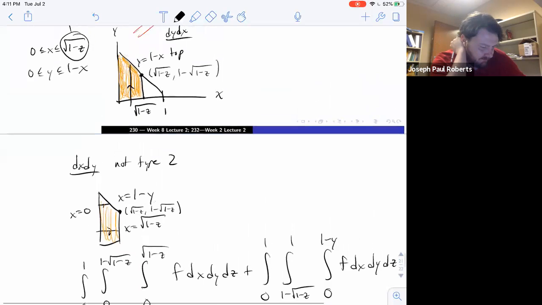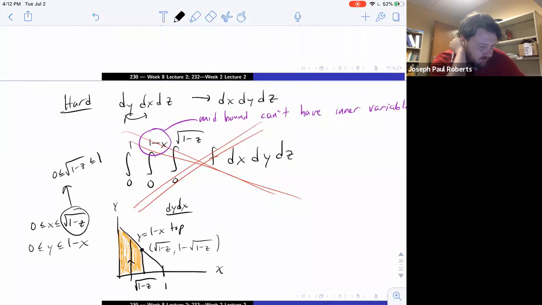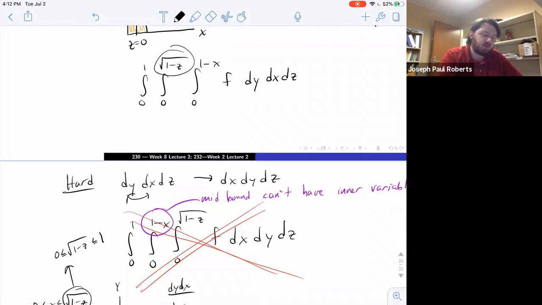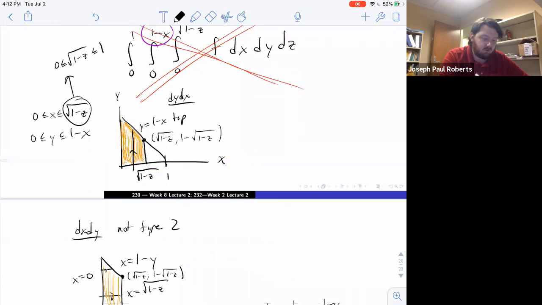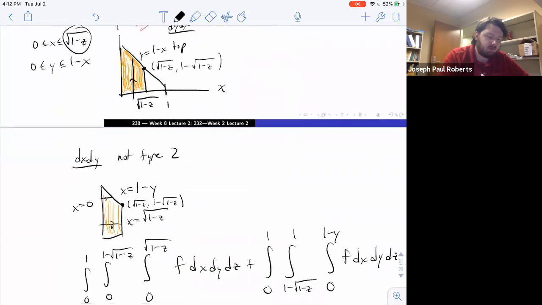But essentially this square root 1 minus z, think of z as just being a number between 0 and 1. So this is 0 to like 0.5, 0 to 1 minus x. When you go and draw that, you get a trapezoid, not a triangle. And so that's why you have this changing of the right curve, which requires you to split it up.